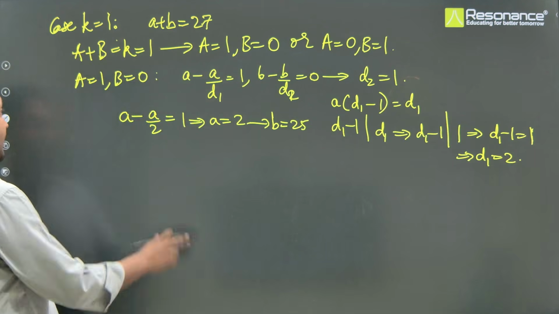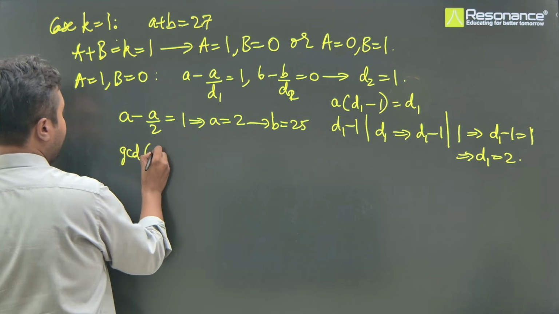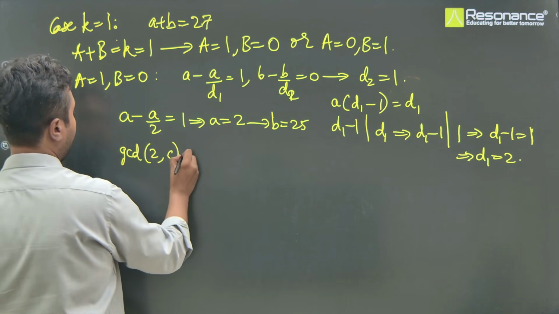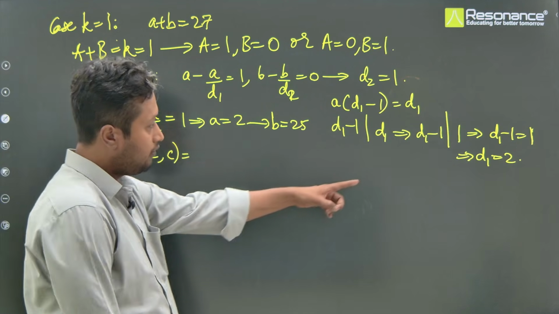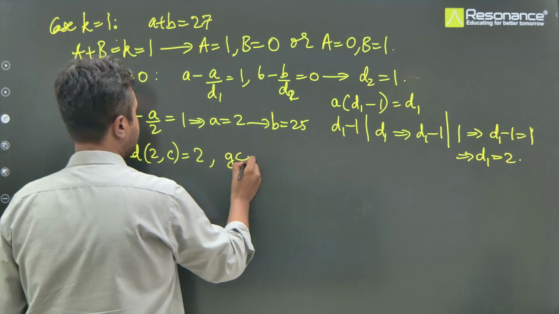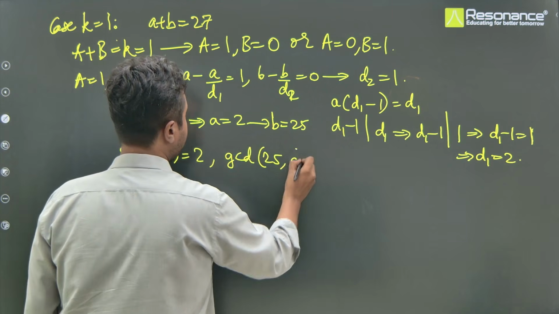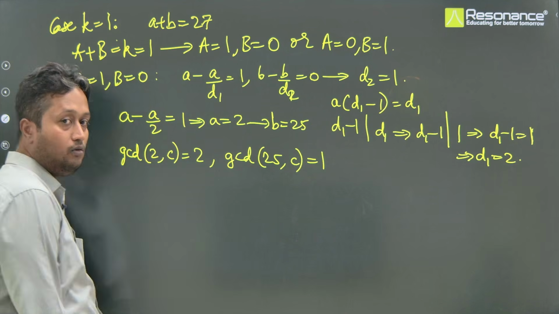Let's think about c now. c must be such that GCD of a with c must be equal to d1, which is given to be 2, and also GCD of b and c, you want that to be equal to 1.